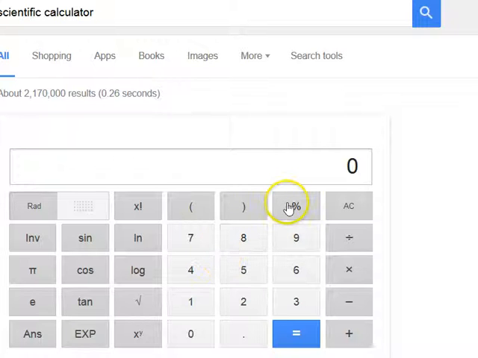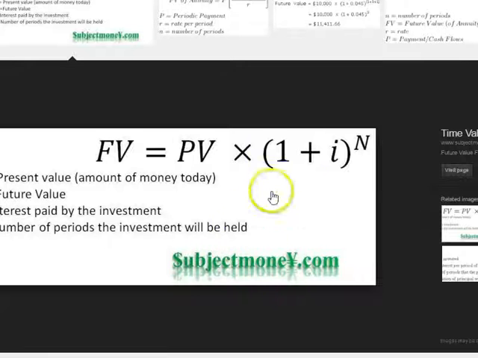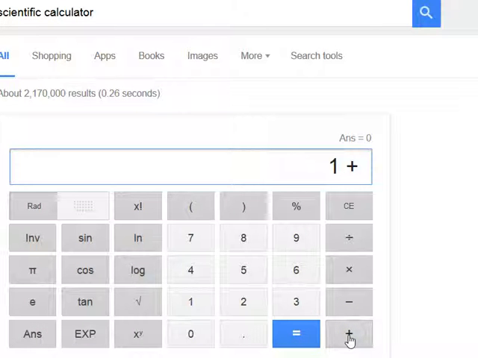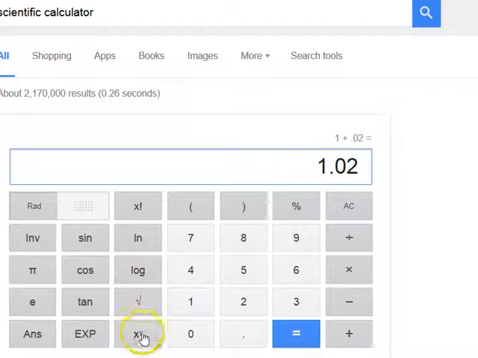According to the formula, it's 1 plus interest exponent n. So we go 1 plus, and 2% is expressed in decimal, so that should be 0.02, and the result with that is 1.02. And then the exponent is this one right here, x exponent y.